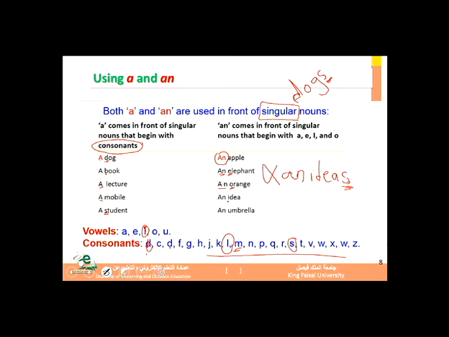So we use a or an only when the noun we are dealing with is singular. Again, a lecture. If the word that I have is lectures, I cannot say a lectures because the word is in the plural. We use a and an only if we have a singular noun, and so on and so forth.